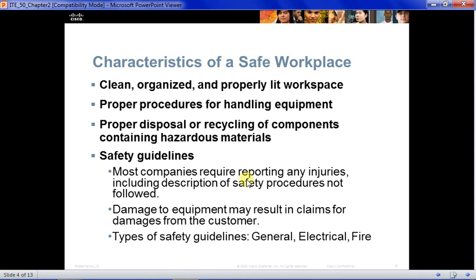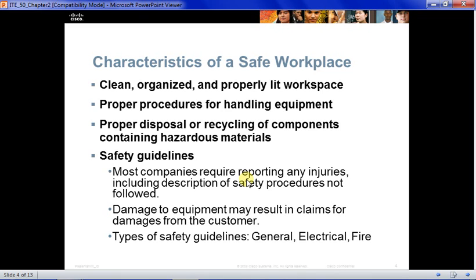And some safety guidelines. If you do get injured, most companies have reporting methods that you should follow. You should make sure that you fill out proper forms when you are disposing of equipment, and follow safety guidelines for electrical and fire safety in general.